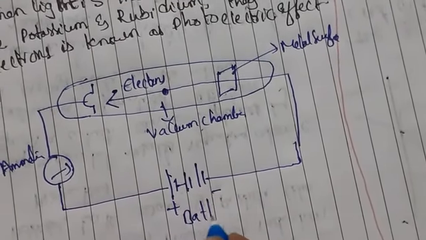When we keep a current from the battery, these electrons escape from the metal surface and are counted by a detector, which measures their kinetic energy. This is what the photoelectric effect explains.